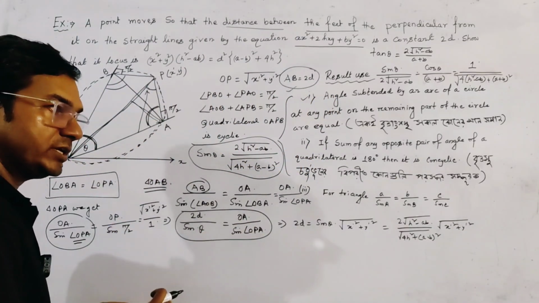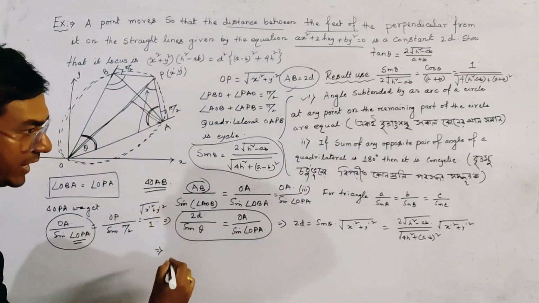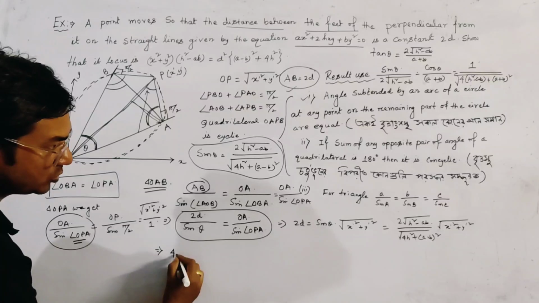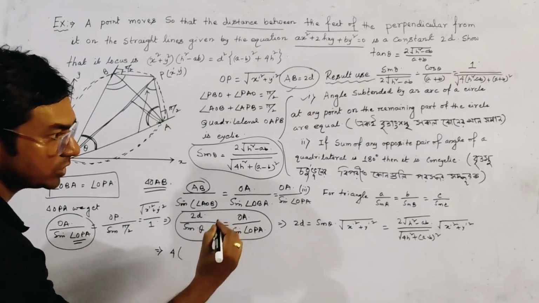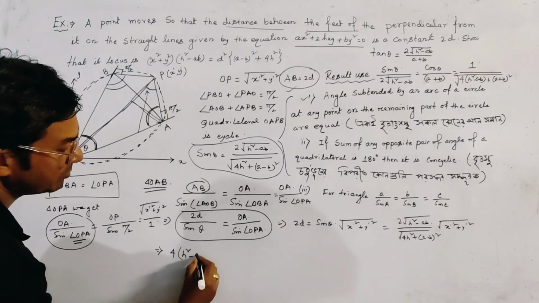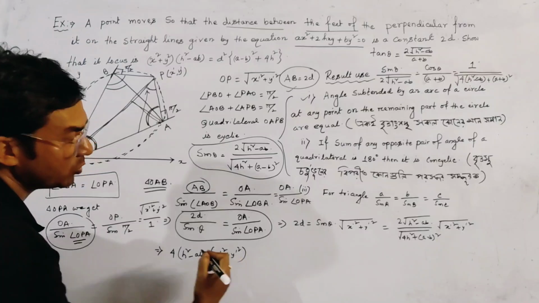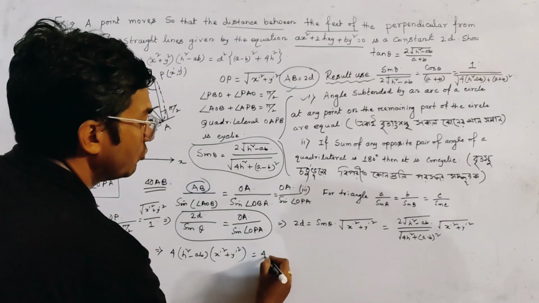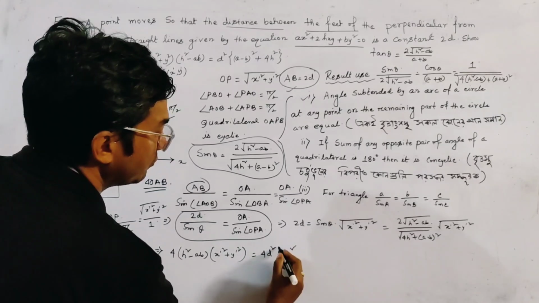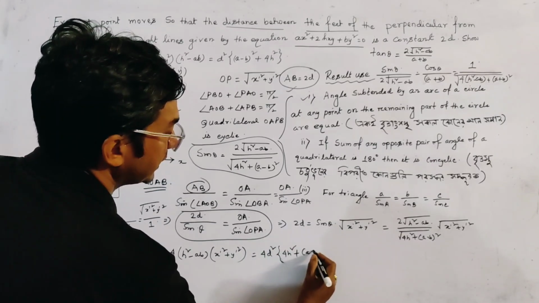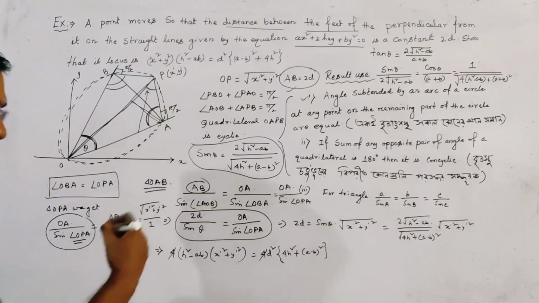And now squaring both sides, and by cross multiplication we write the result as 4 into, after squaring the root vanishes, h square minus ab into x dash square plus y dash square, is equal to 4d square into 4h square plus a minus b whole square. Okay, and 4 cancels out.